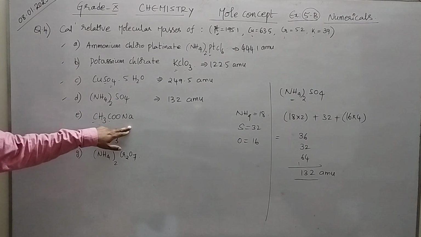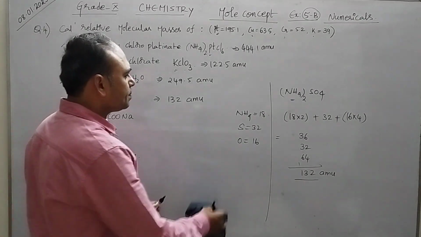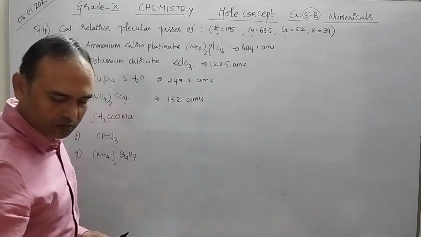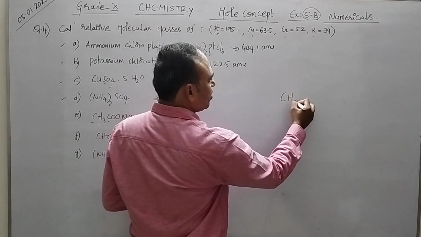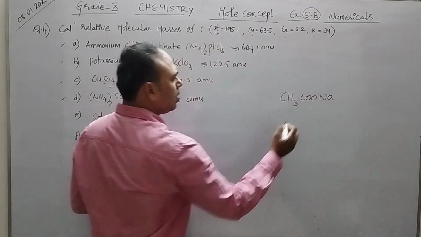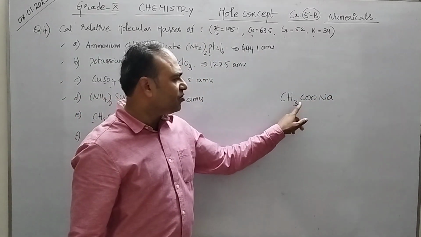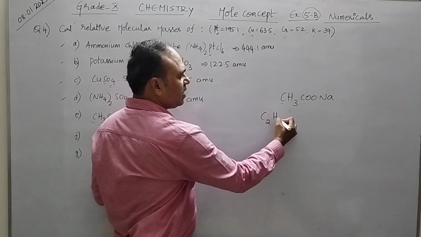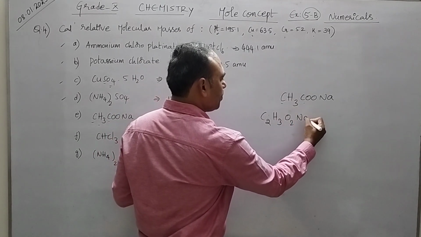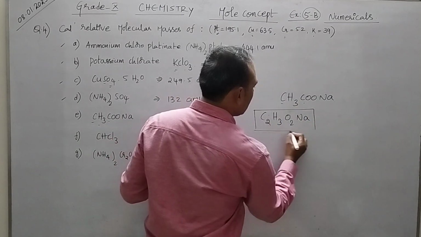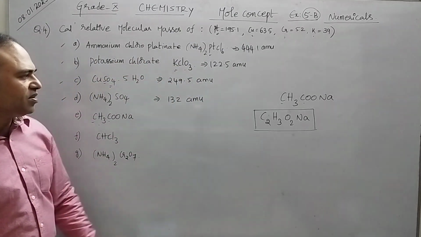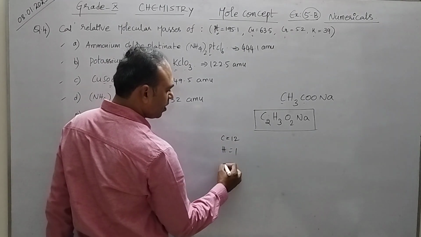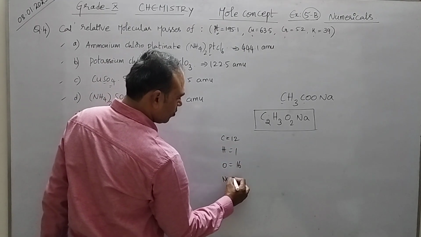Next one is sodium acetate. How do you calculate sodium acetate? The formula is CH3COONa. We can do one thing, add all the atoms which are similar here. Carbon we have 2 atoms, H3 and O2, Na. So you can write the molecular mass in this manner, which is easy to calculate. Atomic mass of carbon 12, H is 1, O 16 and sodium is 23.